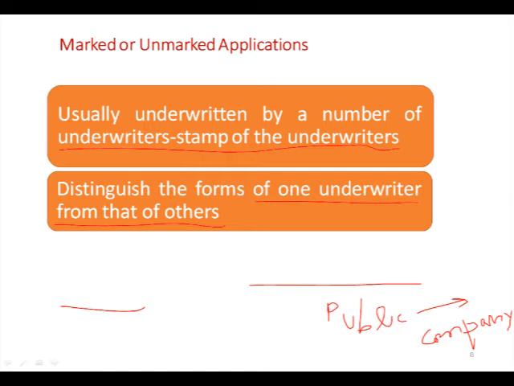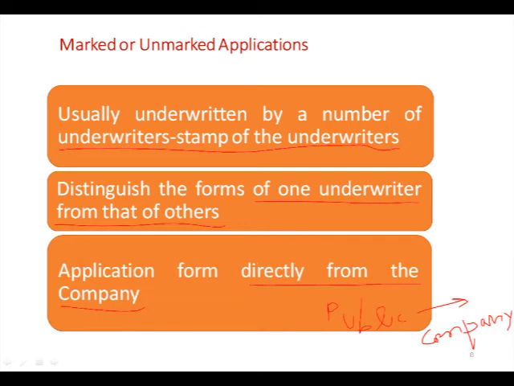It also means that it is not always the case that there is only one underwriter with whom the company has the agreement, but there may be a number of underwriters dealing with the company's IPO. Applications directly from the public, it means that those applications will be unmarked.